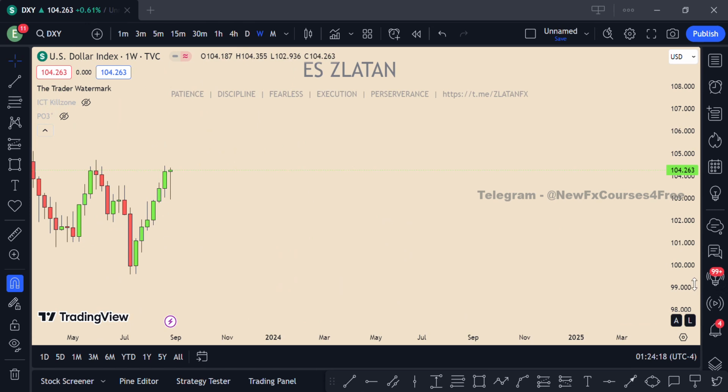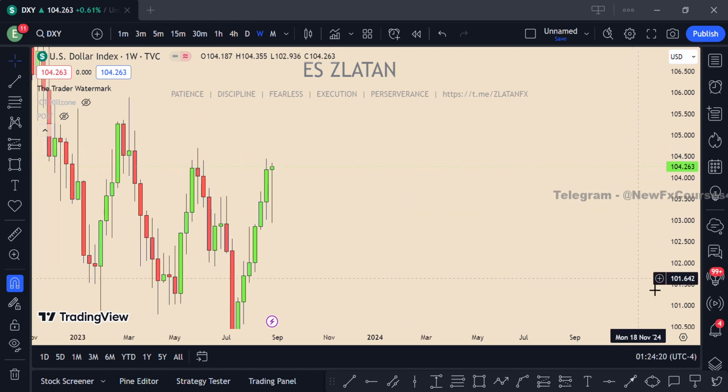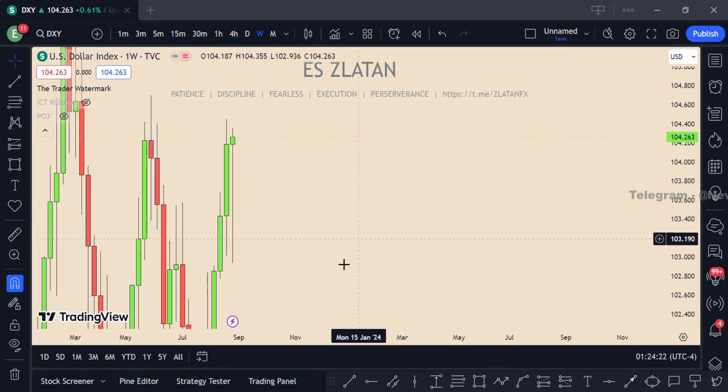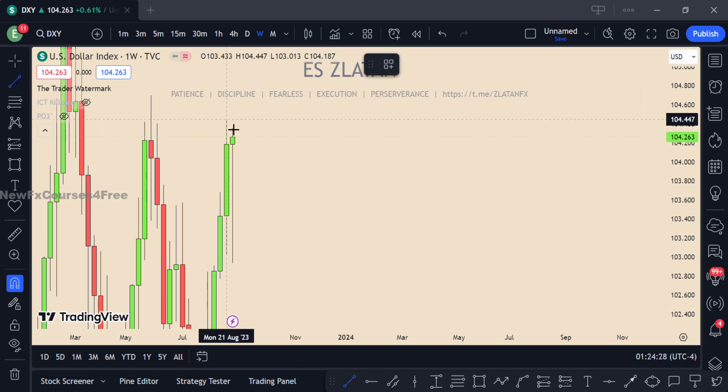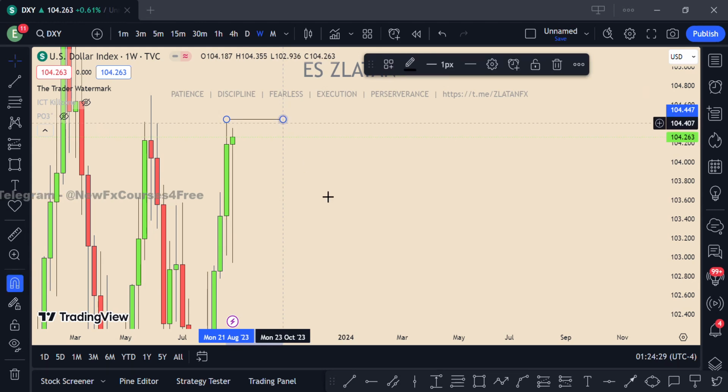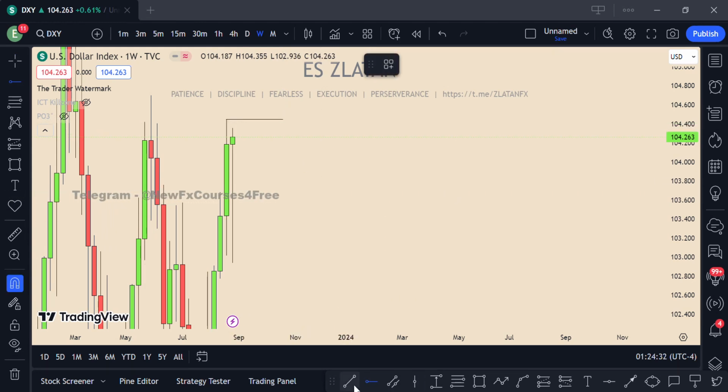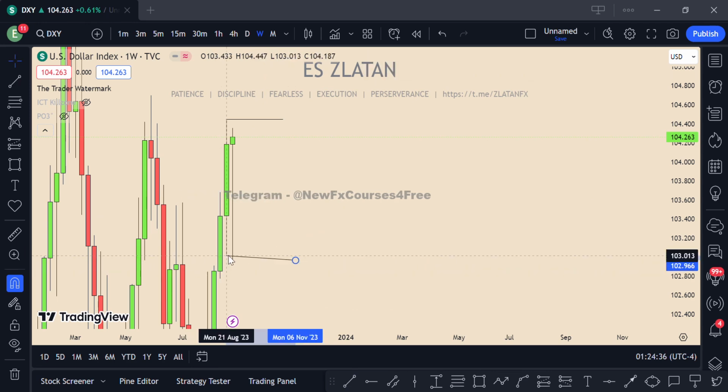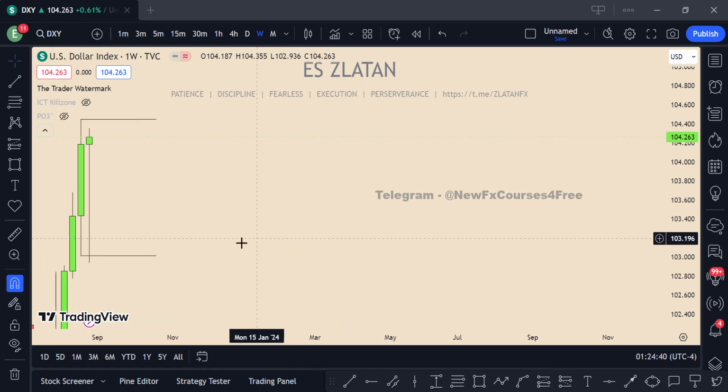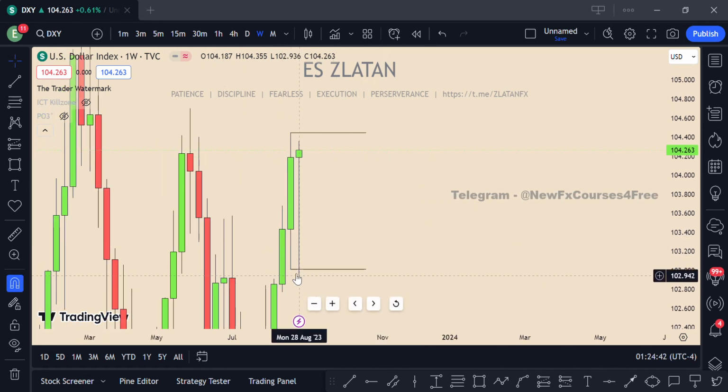So now let me just do something right here. Here we can see this candle, the high of this candle and the low of this candle, right? I want us to focus on this candle, the high and the low.